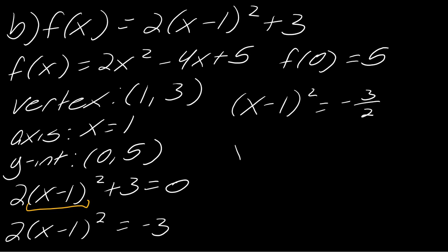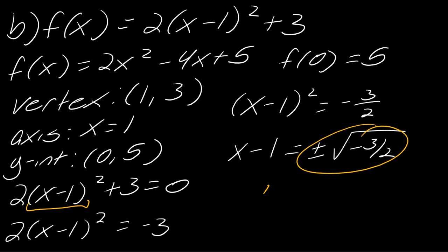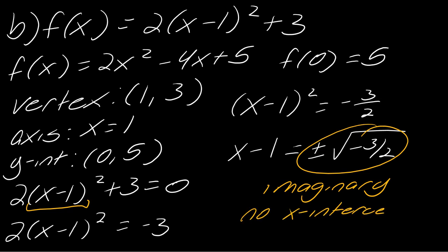And then when I take the square root of both sides, notice now I'm taking the square root of a negative number. So this is imaginary. When this turns out to be imaginary, what that means is there are no x-intercepts. The second you get an imaginary number, you can just say right away it's no x-intercepts.